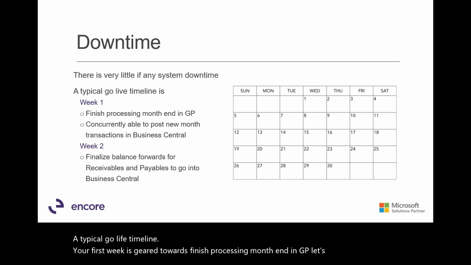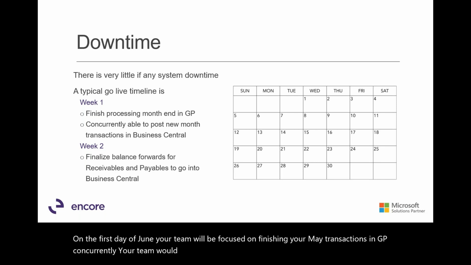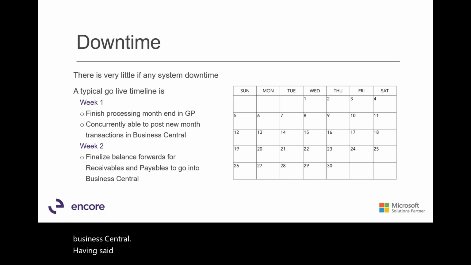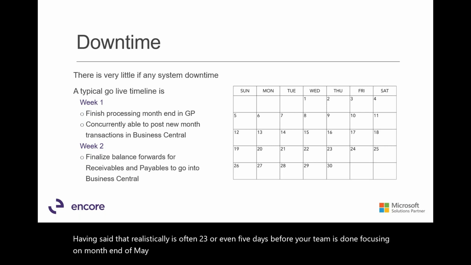Let's say your go live is June. On the first day of June, your team will be focused on finishing your May transactions in GP. Concurrently, your team would be able to immediately start posting June transactions in Business Central. Having said that, realistically, it is often 2, 3, or even 5 days before your team is done focusing on month end of May in GP and ready to start posting June data in Business Central.